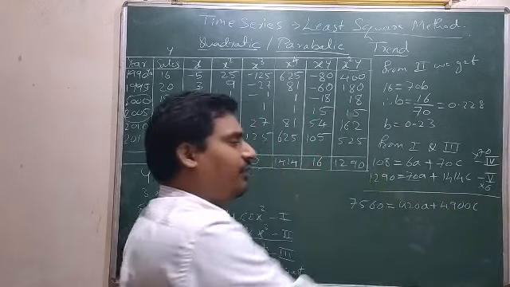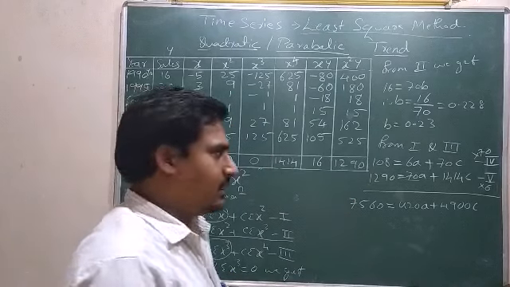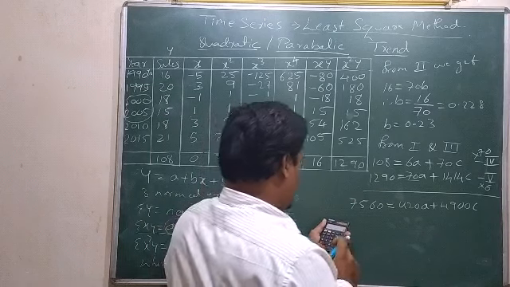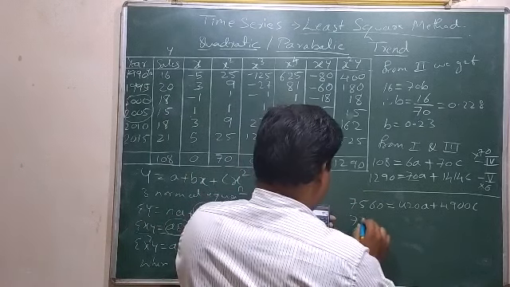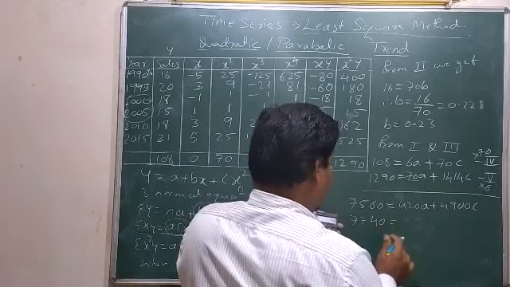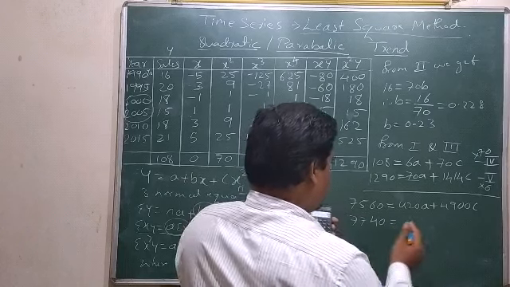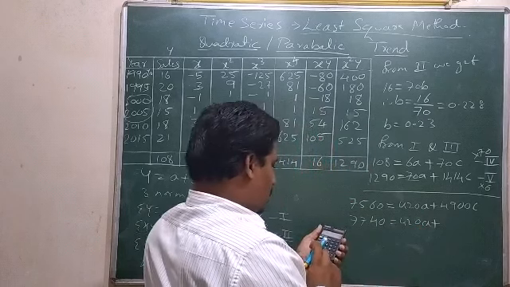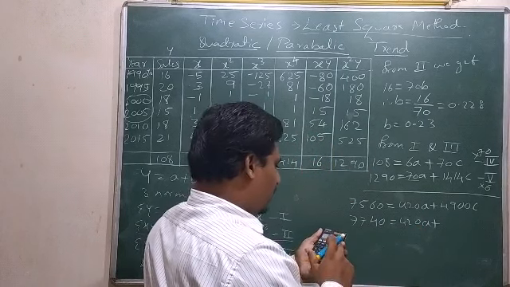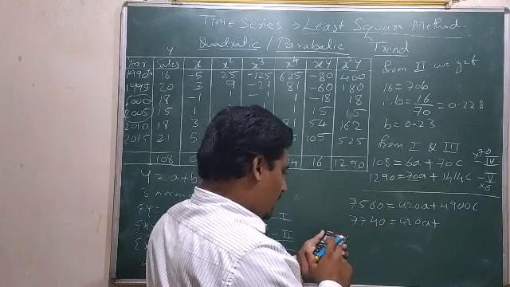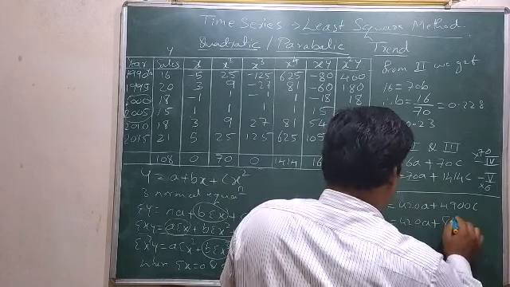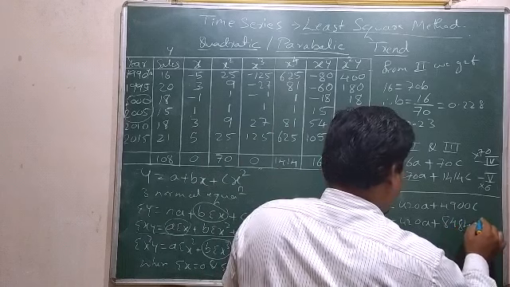Then fifth equation by 6. So 1290 into 6 is 7740 is equal to 70 into 6 is 420a plus 1414 into 6 is 8484c.